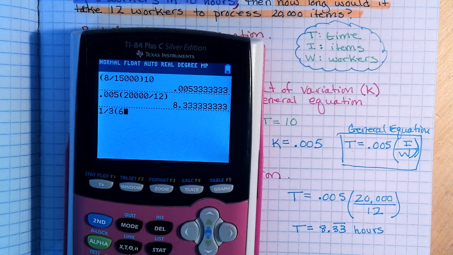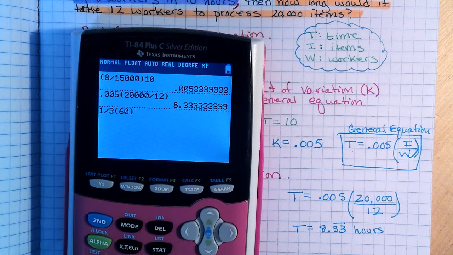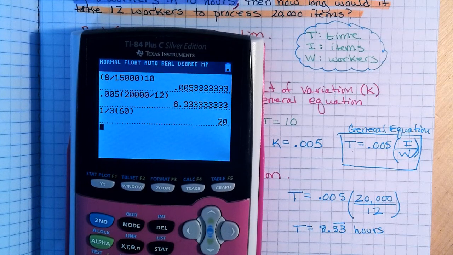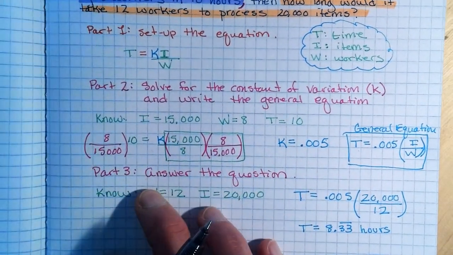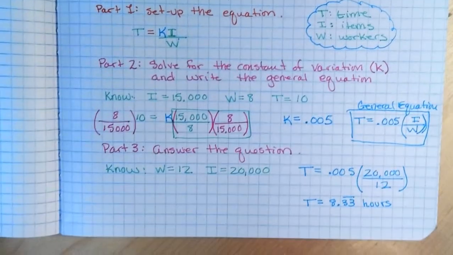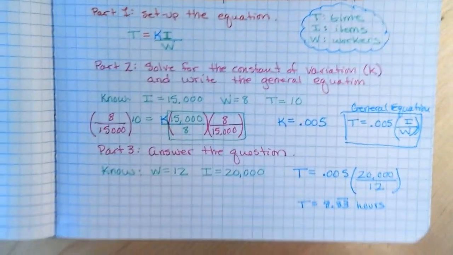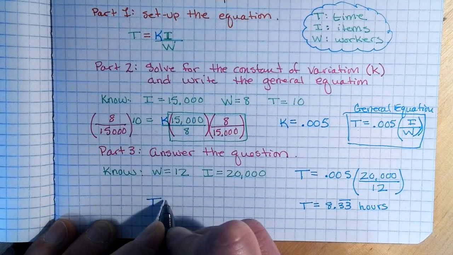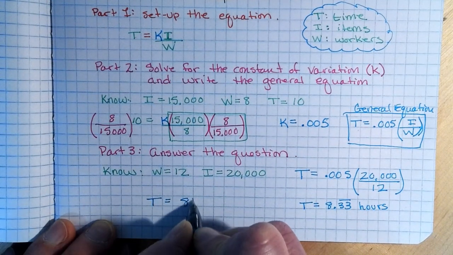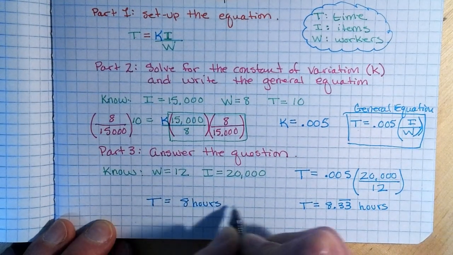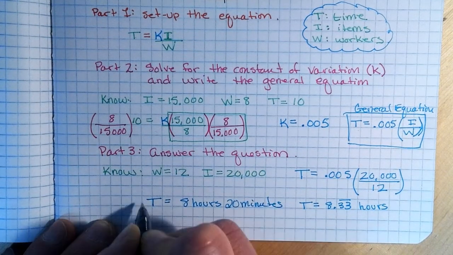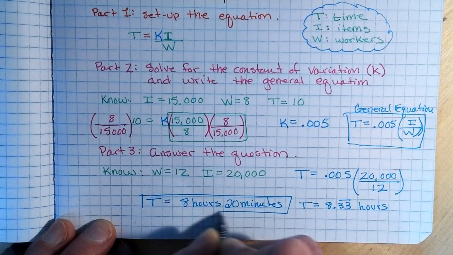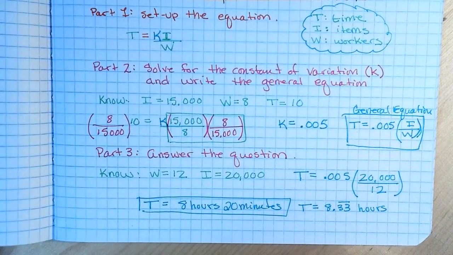So 1/3 times 60, because there's 60 minutes in 1 hour, gives me 20. So that means the time it would take 12 workers to process 20,000 items would be 8 hours and 20 minutes. So that's my final answer.